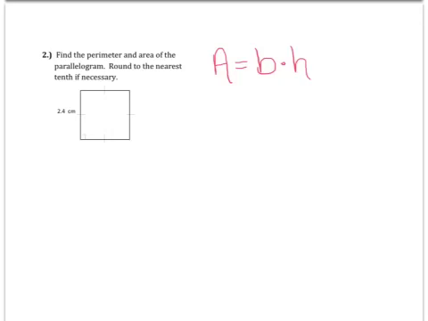Number 2, find the perimeter and area of the parallelogram. Well, this parallelogram is actually a square, so we know that all 4 sides are the same length. Okay, so they're all going to be 2.4 centimeters. So all we have to do is multiply base times height for the area, so it'll be 2.4 times 2.4.